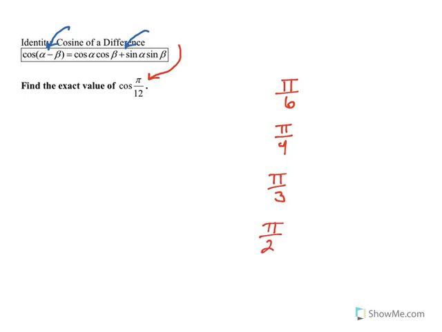And as you kept kind of going through the quadrants, you would still be using the same special angles, just in different quadrants. So if you think about what the common denominator is between all of your special angles, what's common between a 6, 4, 3, and 2? That's going to have to be a common denominator of 12.